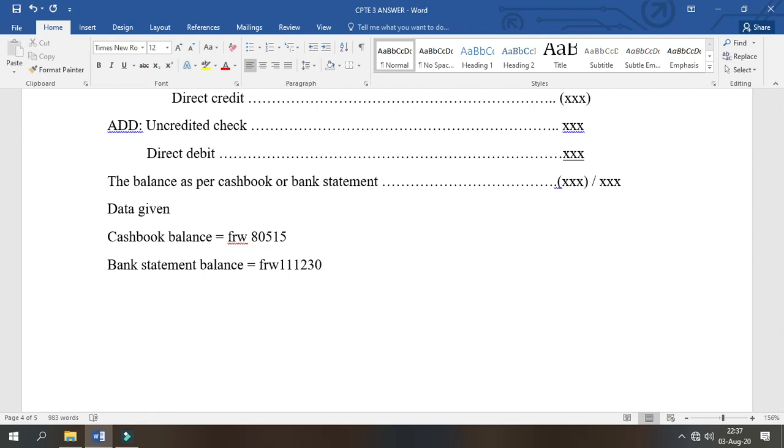We have undercast equal to Rwandan francs 9,000.